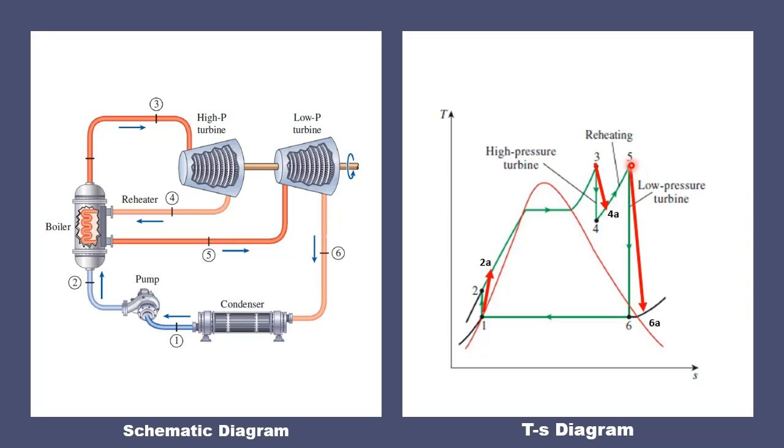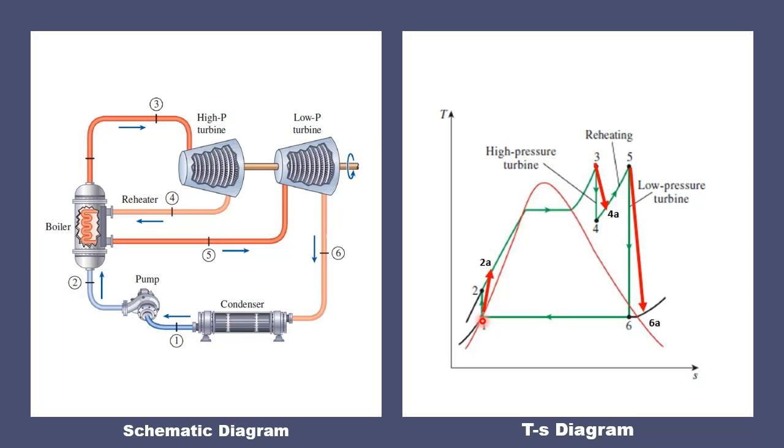Same also with the expansion in the low pressure turbine. Instead of having process 5 to 6, we will have process 5 to 6A. And then for the pumping process, we have process 1 to 2A instead of having isentropic process 1 to 2. So that's the only difference between the ideal and the actual reheat Rankine cycle.